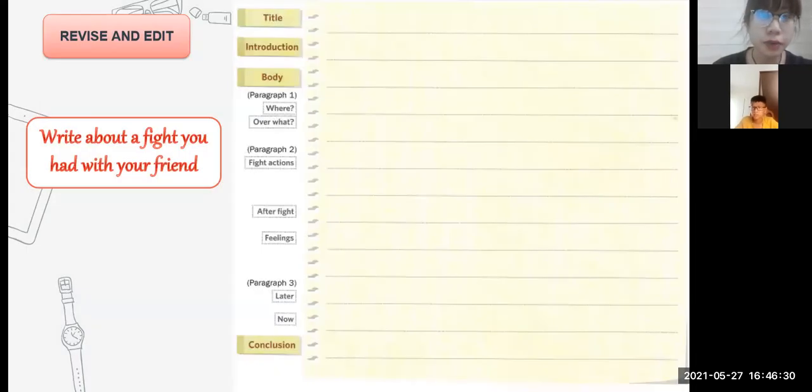And remember, we have the title and three main parts: the introduction, the body, and the conclusion. You can base it on this. Remember to write it between 100 and 150 words.